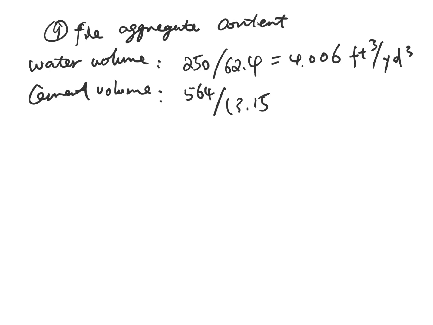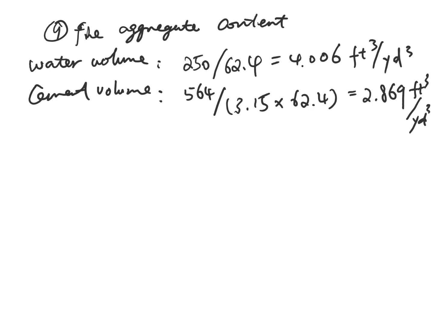So the unit weight should be 3.15 times 62.4. So if you calculate, the volume of cement should be 2.869 cubic foot per cubic yard of concrete.